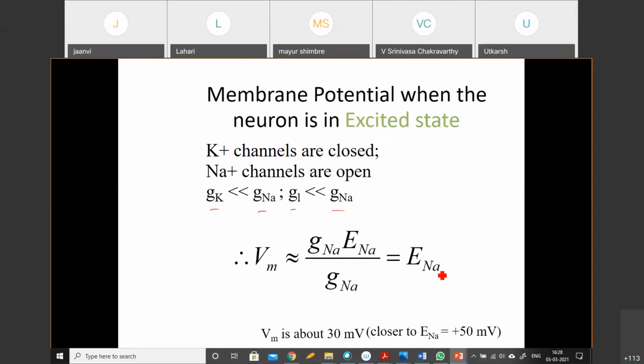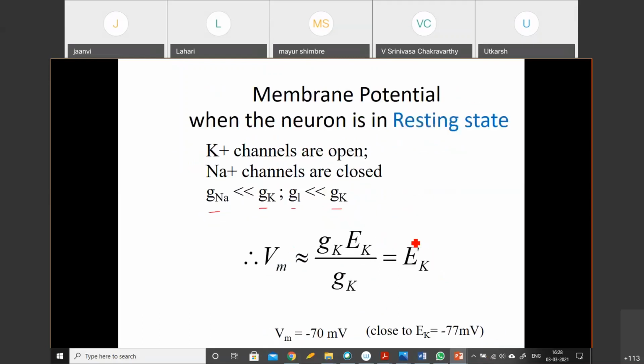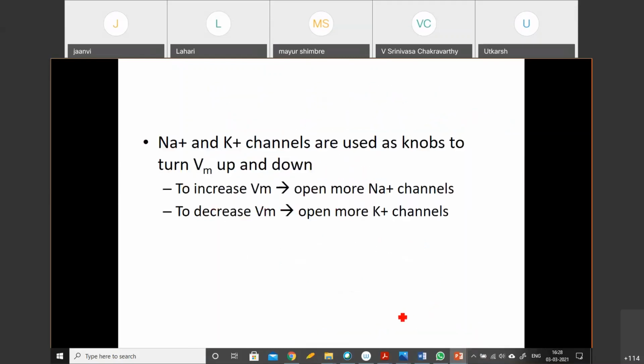ENa acts like an upper limit. If plus 50 is the upper limit, it might go up to plus 30. And if you want to decrease VM, open more potassium channels, because if you open more potassium channels, VM goes towards EK, which is minus 77 millivolts, and that's kind of like the lower limit.